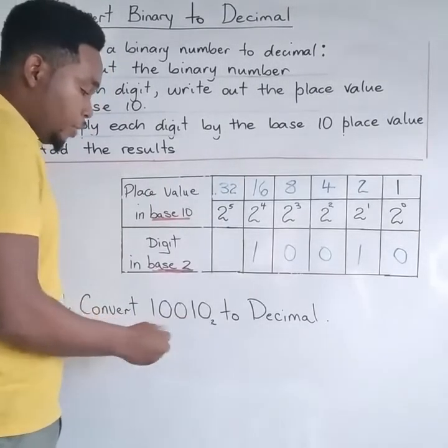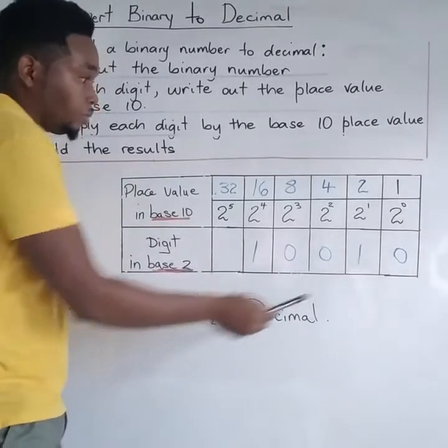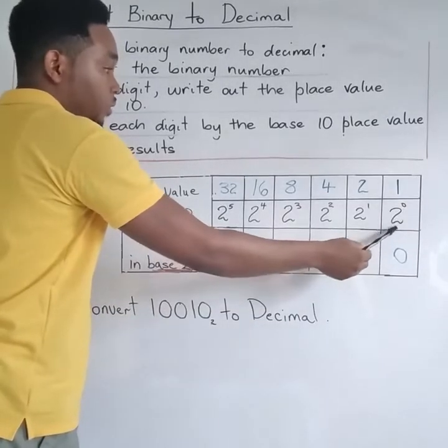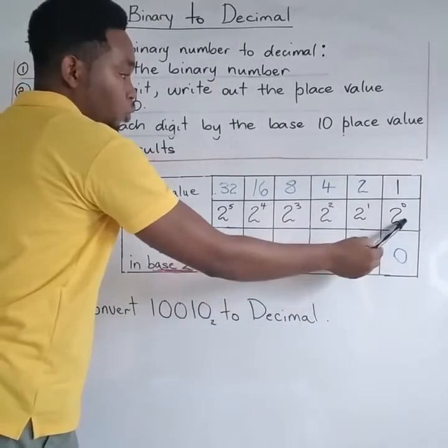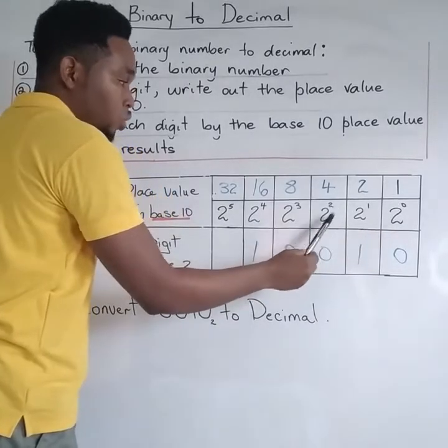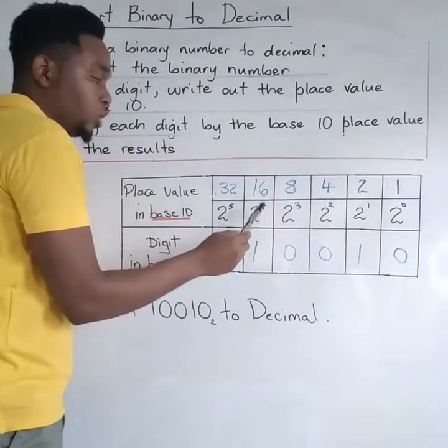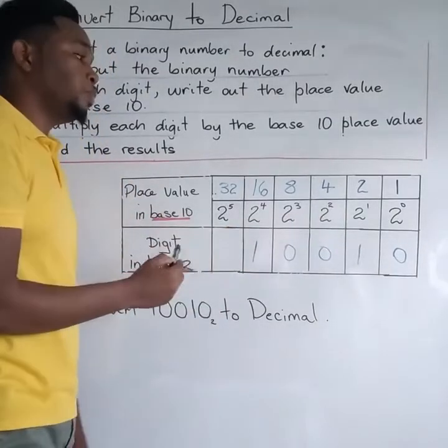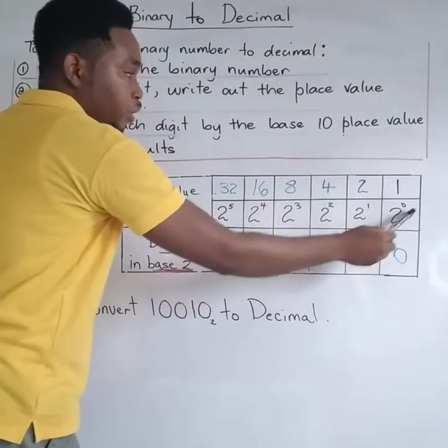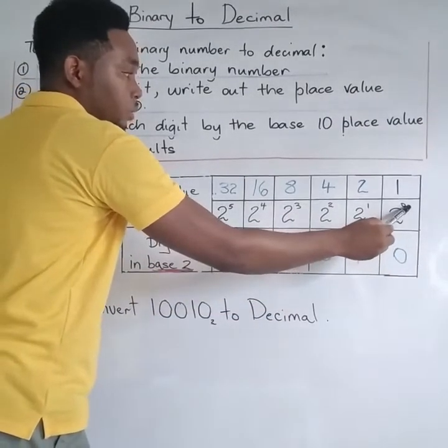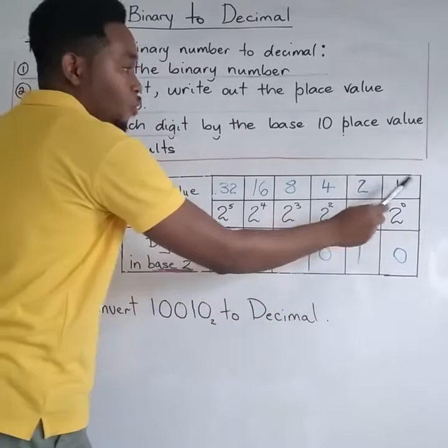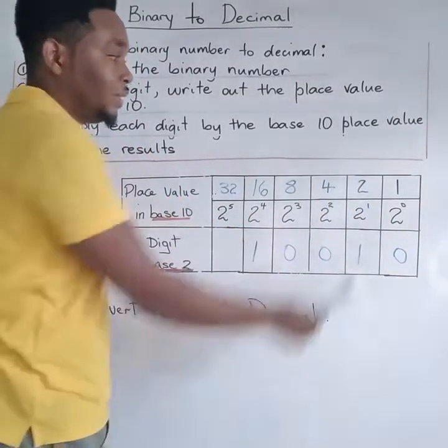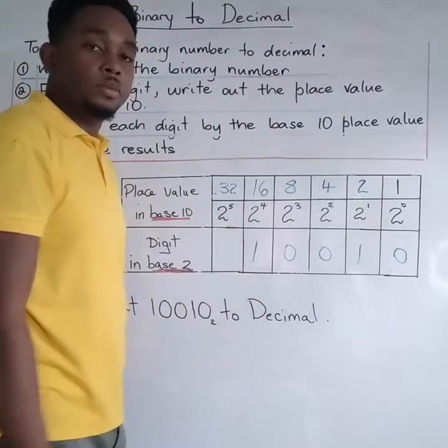Each binary digit has its own place value, in terms of 2 to the 0, 2 to the 1, 2 to the 2, 2 to the 3, and 2 to the 4, etc., increasing in power. We know that any number raised to the power of 0 is 1.